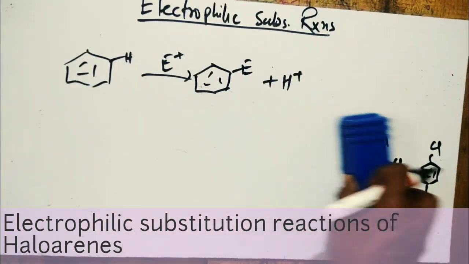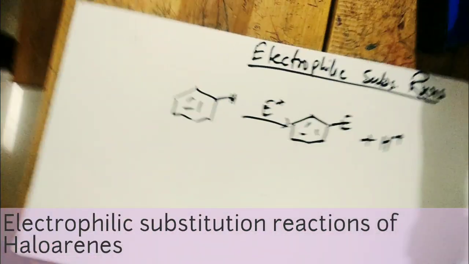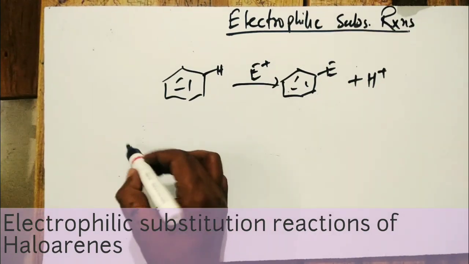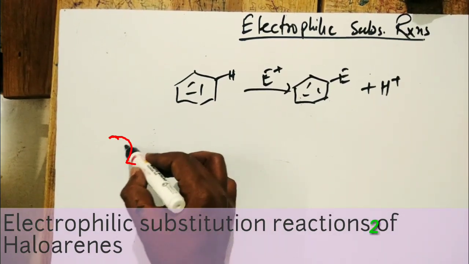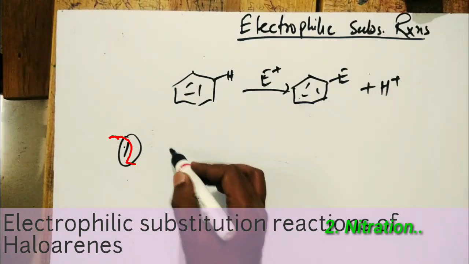Now the second type of electrophilic substitution reaction is nitration.